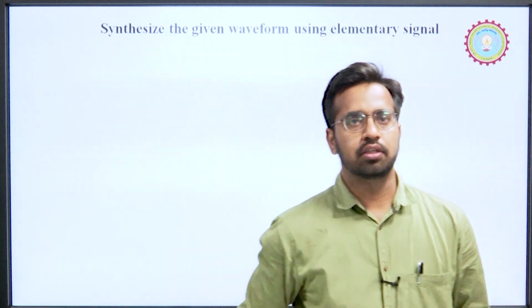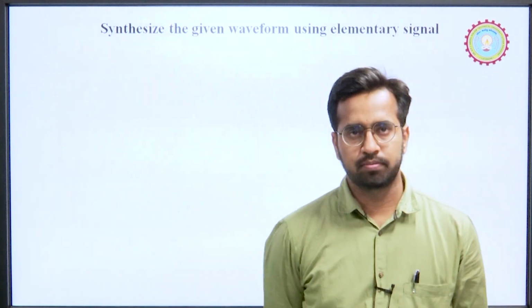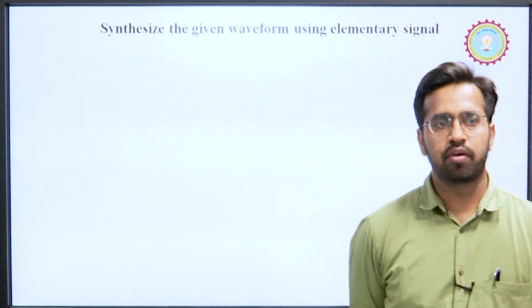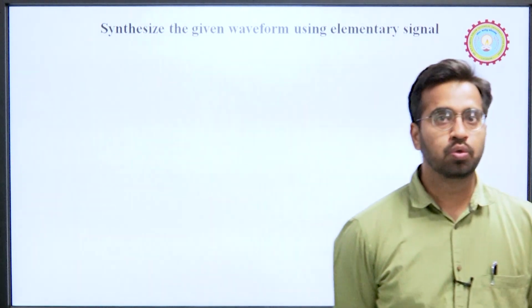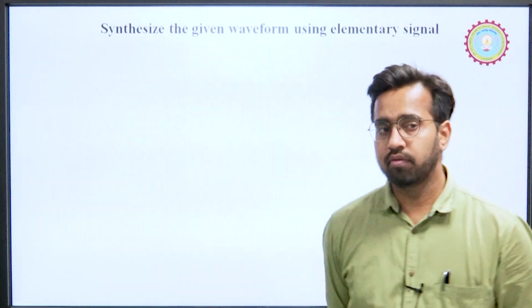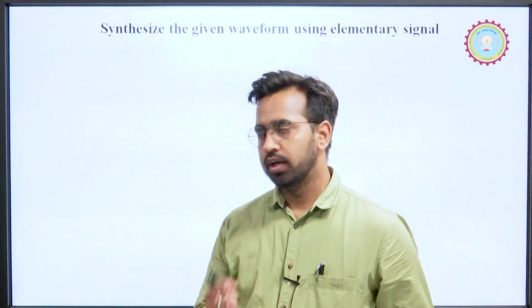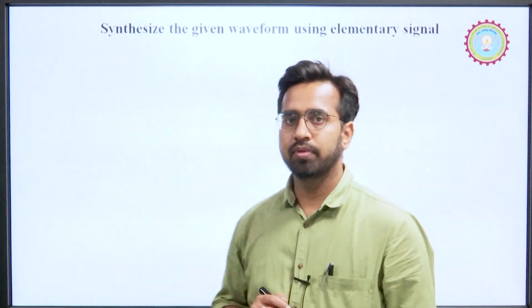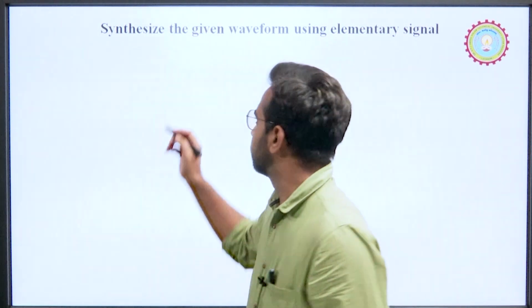Let us take a few problems and see how we can solve the numericals. First, let us solve the waveform problems. Suppose we are given a waveform and we are required to write the mathematical form of that waveform. Let us take the first problem.